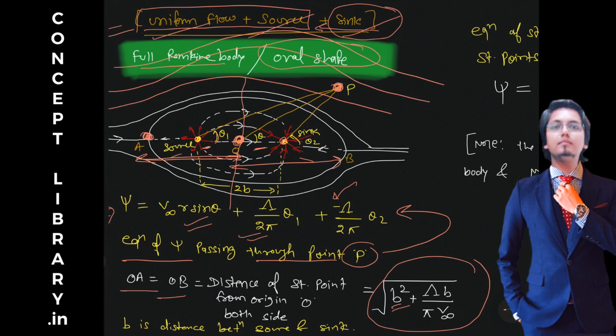Here you see, square root of B square plus lambda B by pi V infinity. So I have written here the distance of the stagnation point from origin O, on both sides. B is the distance from origin to source and sink. Make sure what B is. Here we have source, here we have sink, so this total distance is 2B.